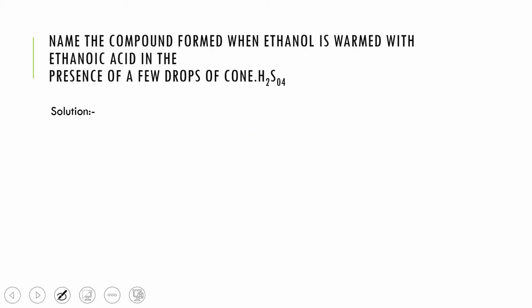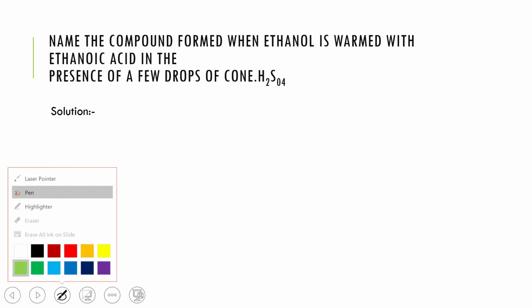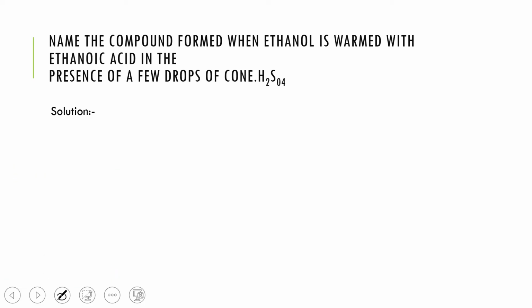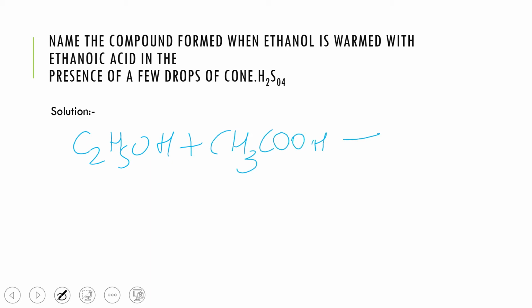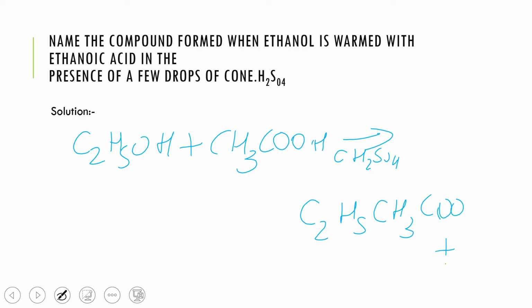Now name the compound formed when ethanol reacts with ethanoic acid in the presence of concentrated H2SO4. So only a reaction is needed here. C2H5OH plus CH3COOH gives out, in concentrated H2SO4, we get C2H5CH3COO plus H2O.